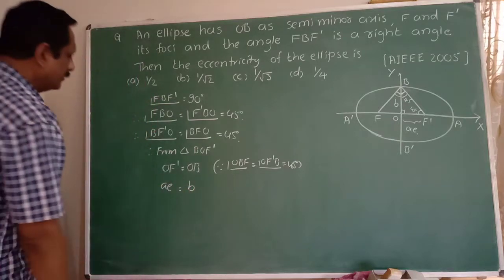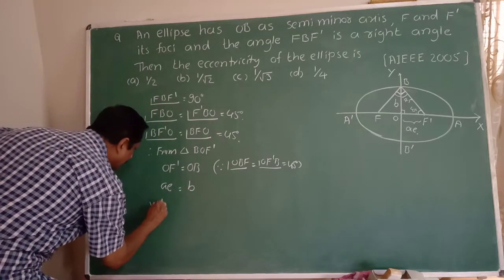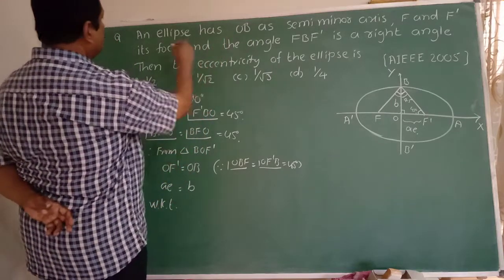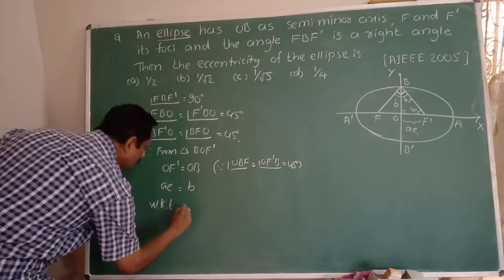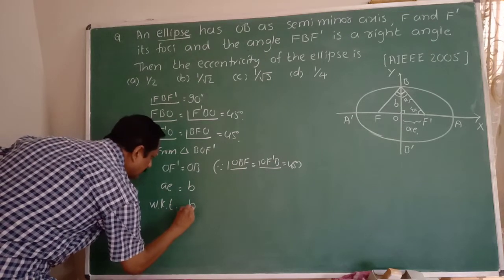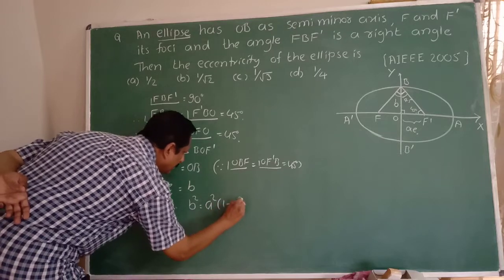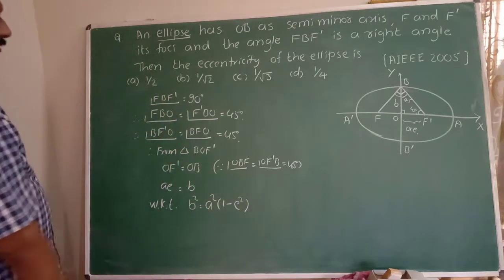Then we know the standard result for the ellipse: b square is equal to a square into (1 minus e square). This is the formula.